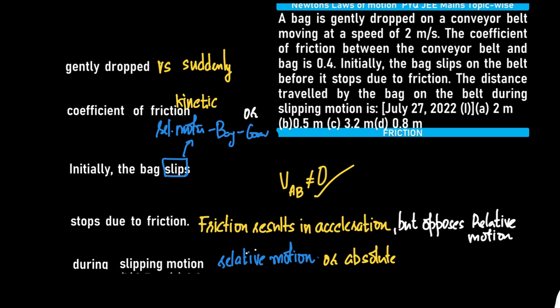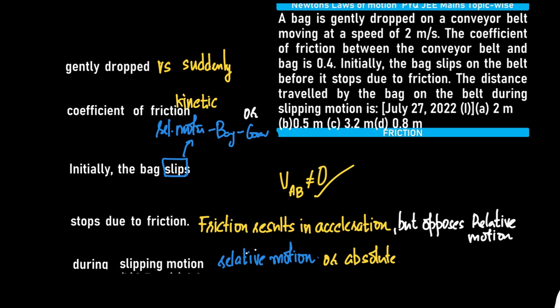Now it stops due to friction. Something very interesting here is that this is one peculiar example where friction actually results in acceleration of the body. Usually we know that friction is a retarding force. But in this example, we'll see that friction is actually resulting in acceleration of the body rather than retarding it.